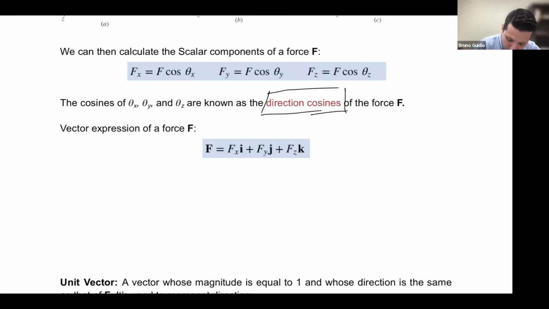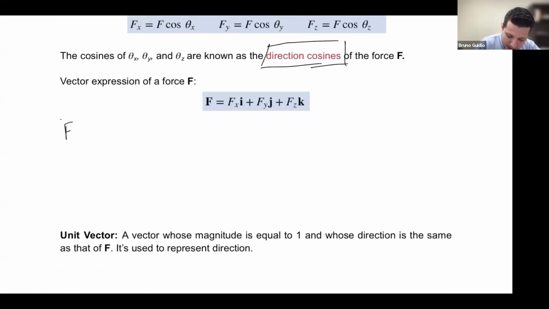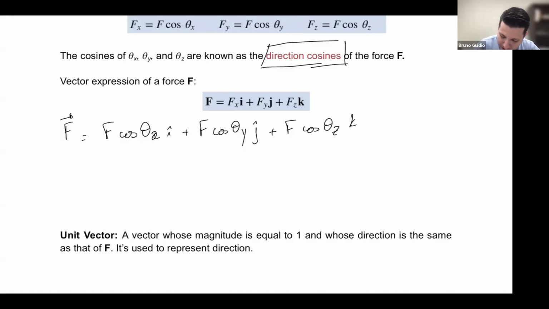So if we write it once again: F cosine theta x i hat, F cosine theta y j hat, and F cosine theta z k hat.